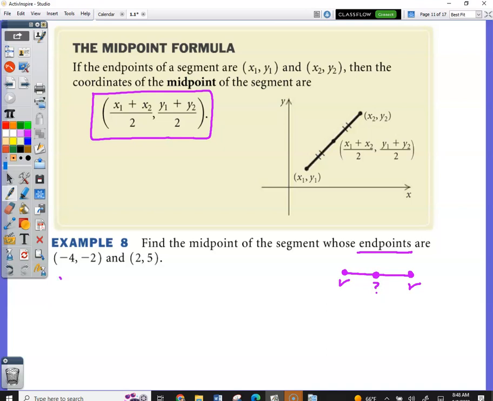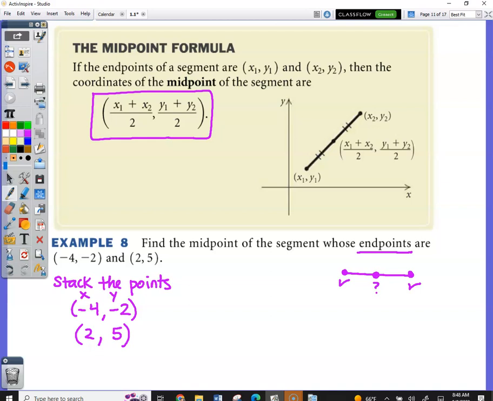Once again, I would suggest stack the points because your eyes, if they read horizontally, could easily mix a 5 with a -4, and that would give you the wrong answer. So if you stack them, then you can say, okay, here's my x's, here's my y's, and then it's a lot easier. You minimize making a mistake.